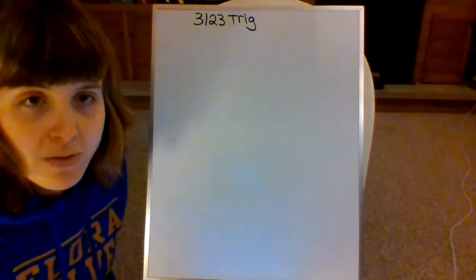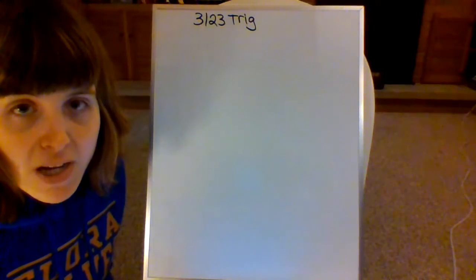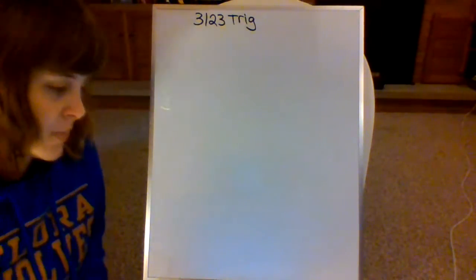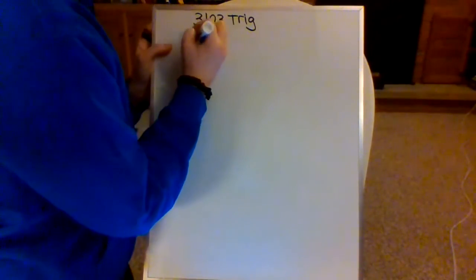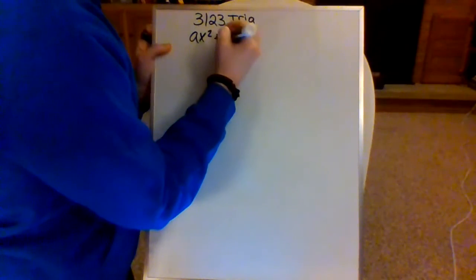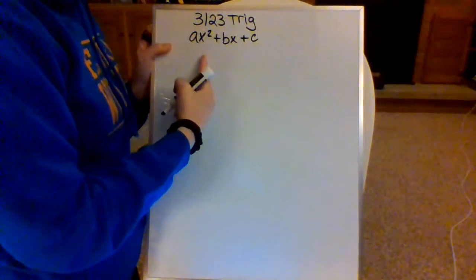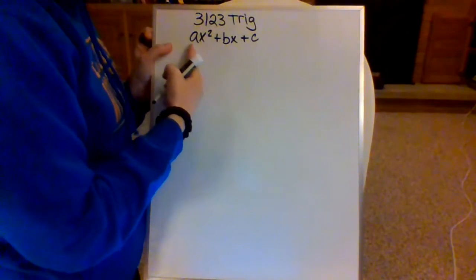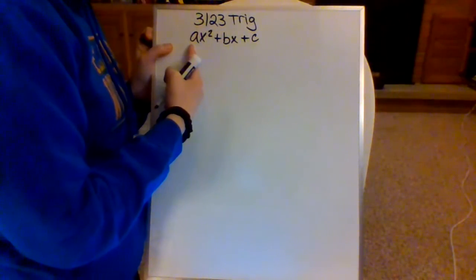Okay, so first we're going to review how to factor a trinomial when the number in front of x squared is 1. This is the general form for a trinomial, and a is going to be equal to 1 in all these examples.